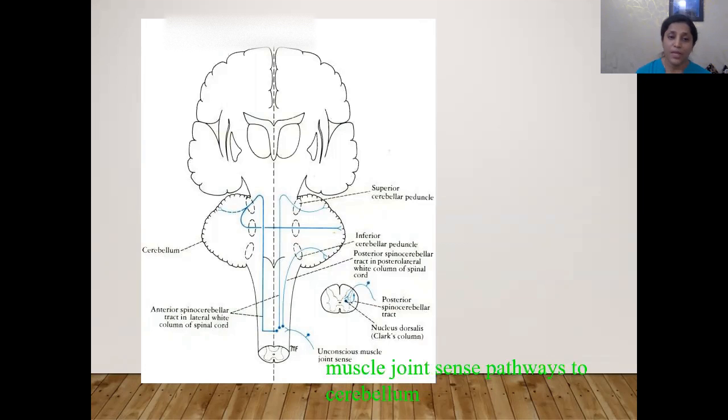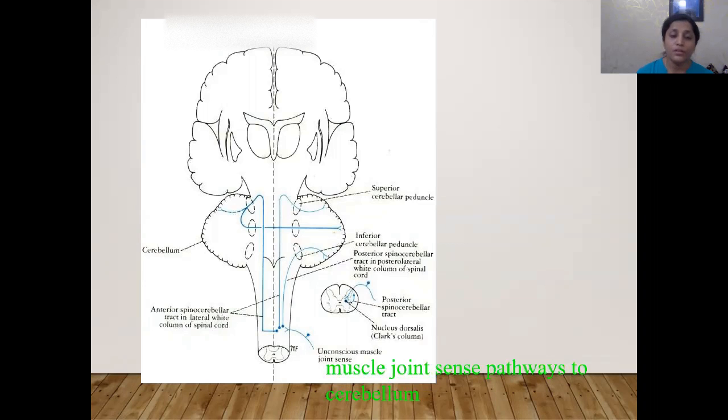If not on the same side, they are crossing over to the opposite side, ascending and reaching the superior cerebellar peduncle of the opposite side, whereas the posterior spinocerebellar tract is ascending up on the same side, and via the inferior cerebellar peduncle, it is reaching the cerebellum.